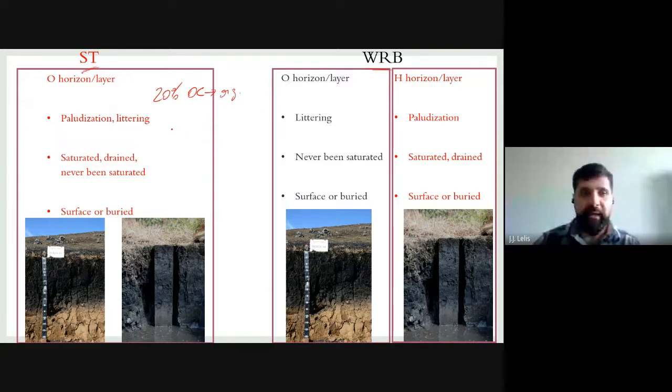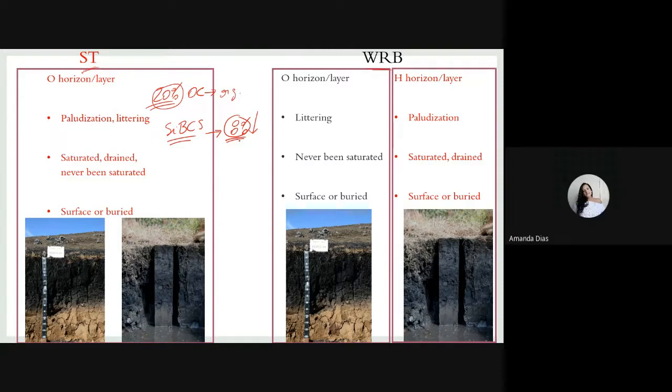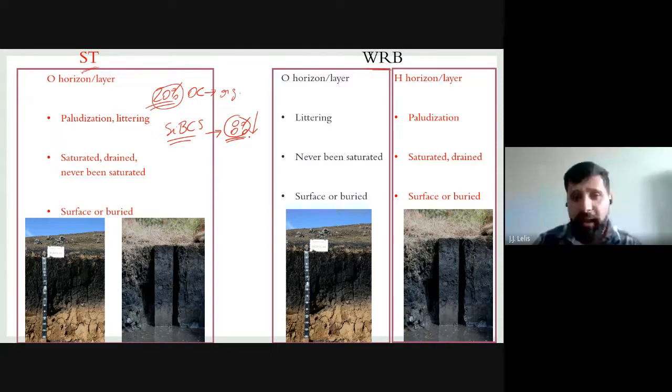In the Brazilian soil classification system, which we call CBICS, we just use 8%. So 8%, it's a very different value. We have a lower value. And why use that?